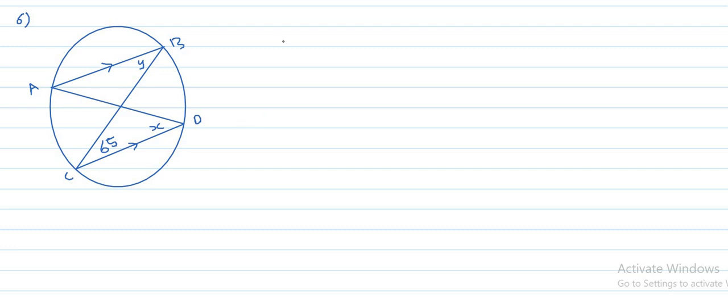So since we have parallel lines, you must look for corresponding angles, alternate angles, or co-interior angles. So meaning angle y will be equal to 65. What is the reason? Alternate angles.